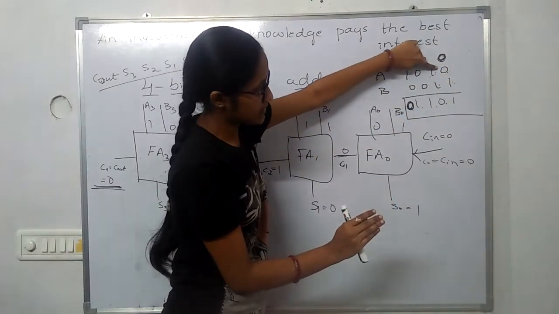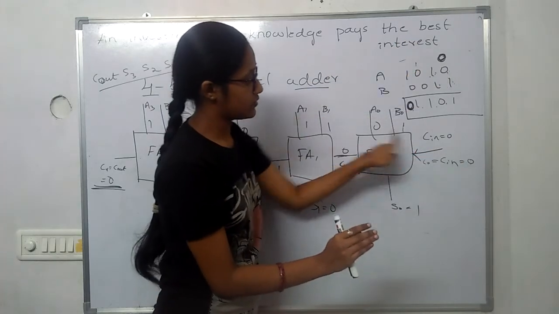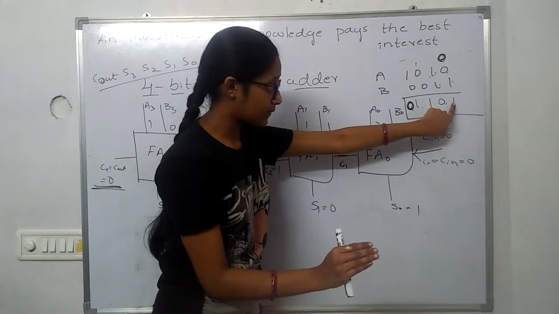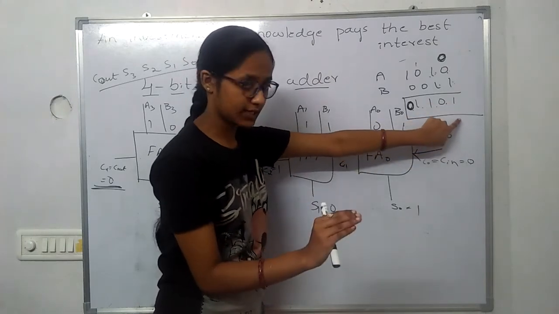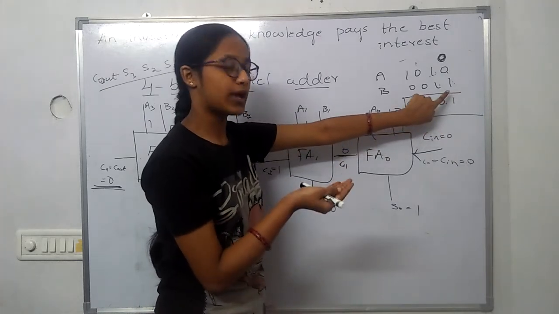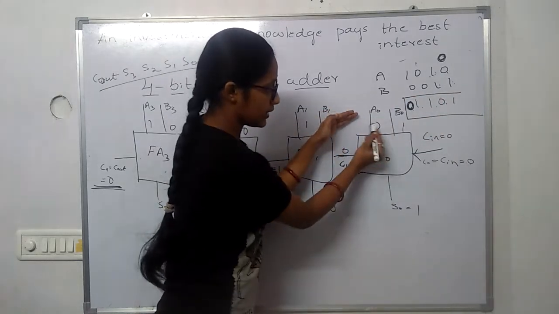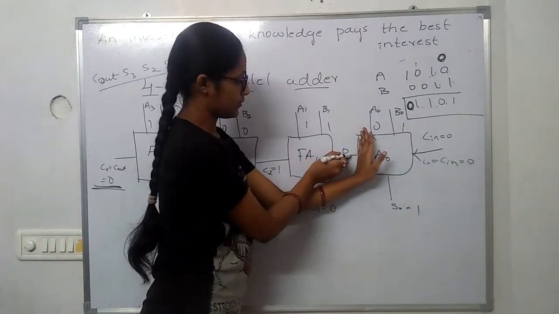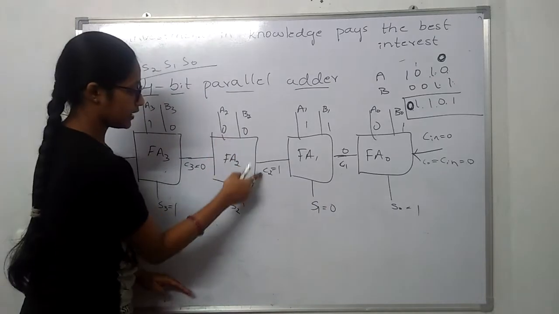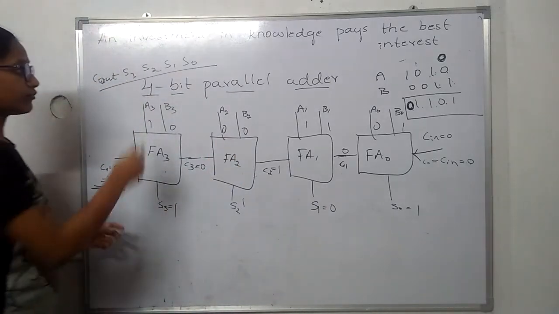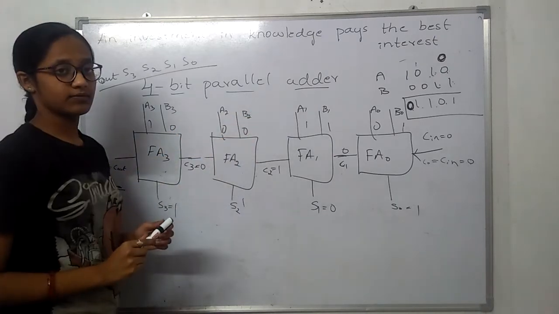So 0 plus 0 plus 1, 0, 0, 1. So 1 we got. But we got no carry. So as we got no carry, we assign 0 to carry. So these are the inputs and outputs. Okay. So this is about the 4-bit parallel adder.